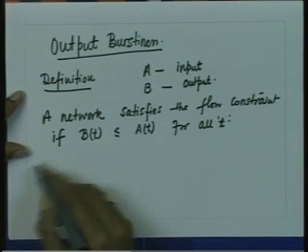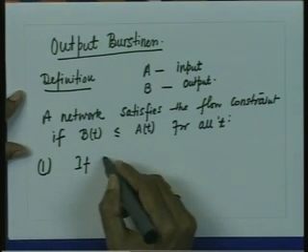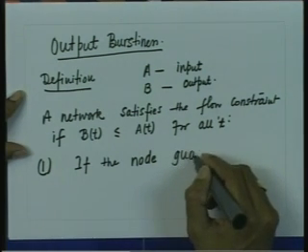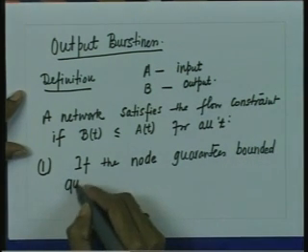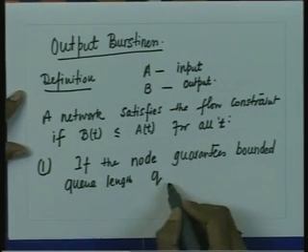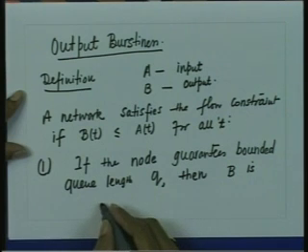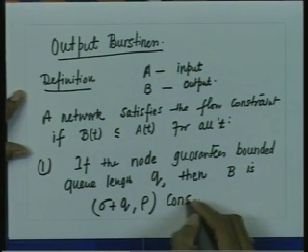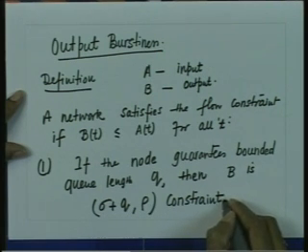Now, we will prove some results. So, claim 1, we would like to prove that if the network node guarantees bounded queue length q, then the output B is (sigma plus q, rho) constrained.